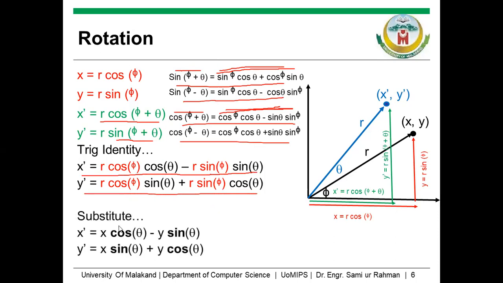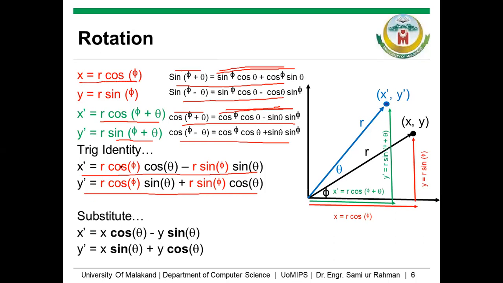Now substitute: x prime is equal to x cos theta minus y sin theta. Again, r cos phi times cos theta: cos theta is the same, but r cos phi is equal to x, since x is equal to r cos phi.